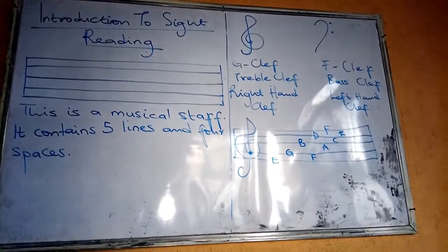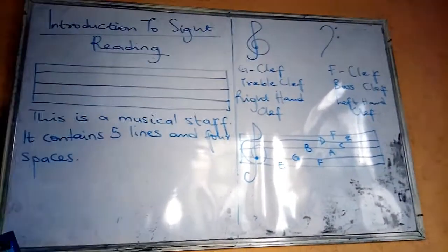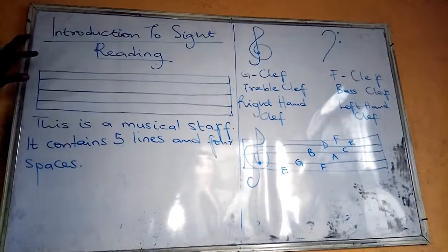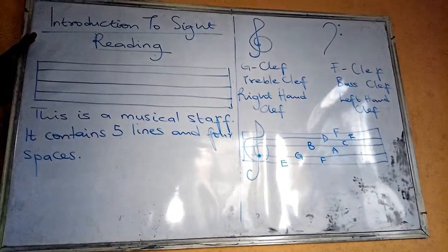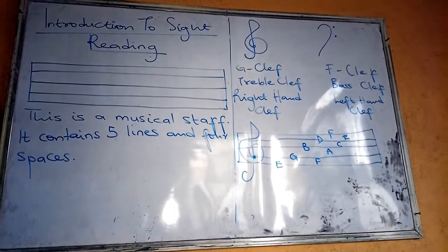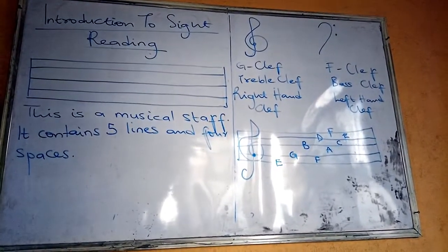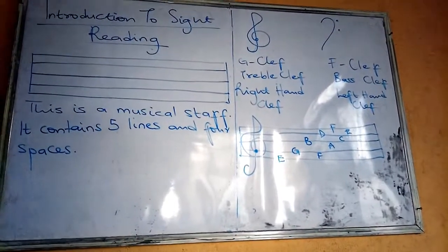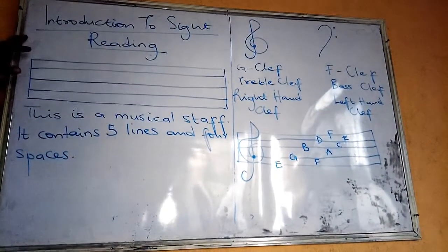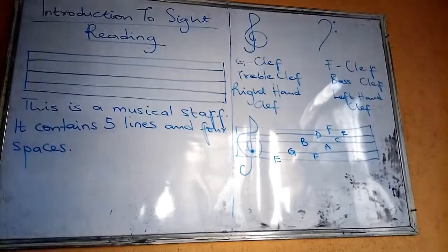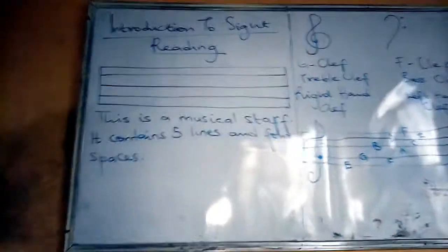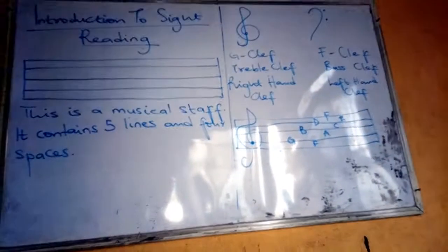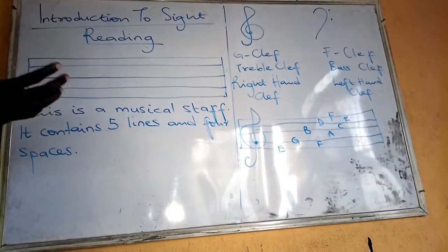Now, the first and the most important tool in sight reading is called the musical staff. Now, from research and studies I've done, I believe the person that brought up the idea of the 5 lines and 4 spaces staff diagram, I think he came up with this idea from the morphology of our hands.